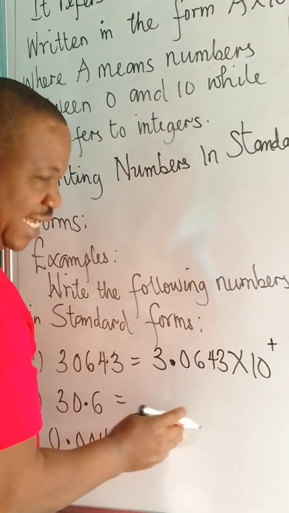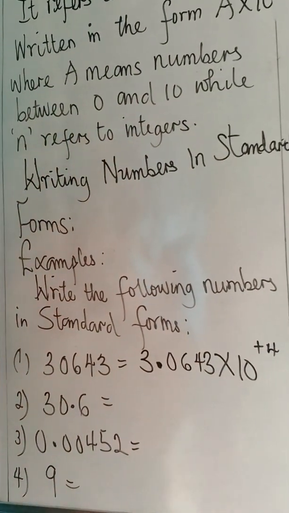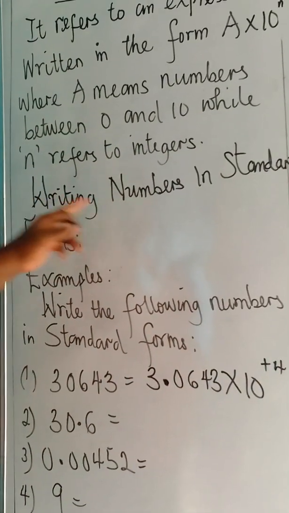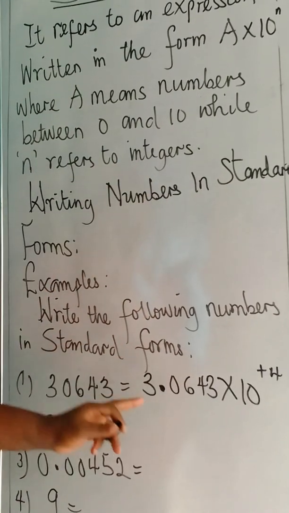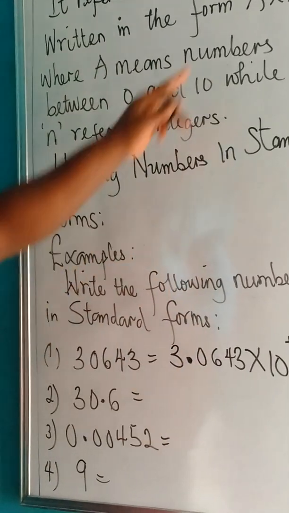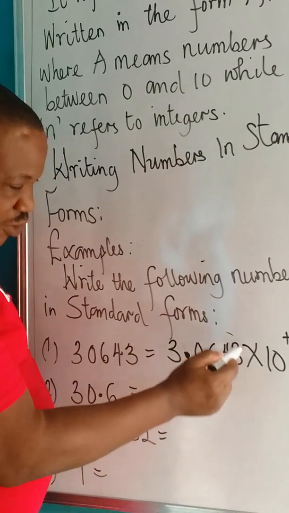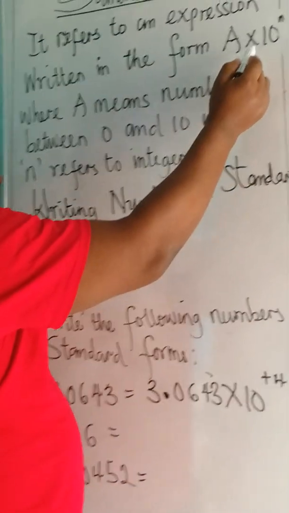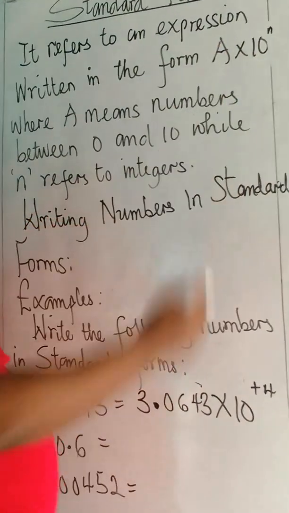So in that case, our n becomes plus 4, where plus 4 means positive integer or positive whole number. 3.0643 talks about a, 10 refers to the 10, of course, and then plus 4 talks about our n.